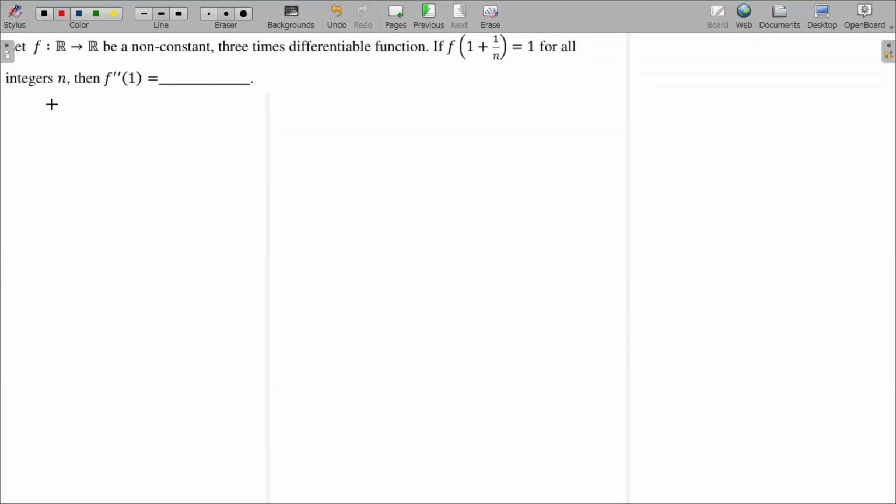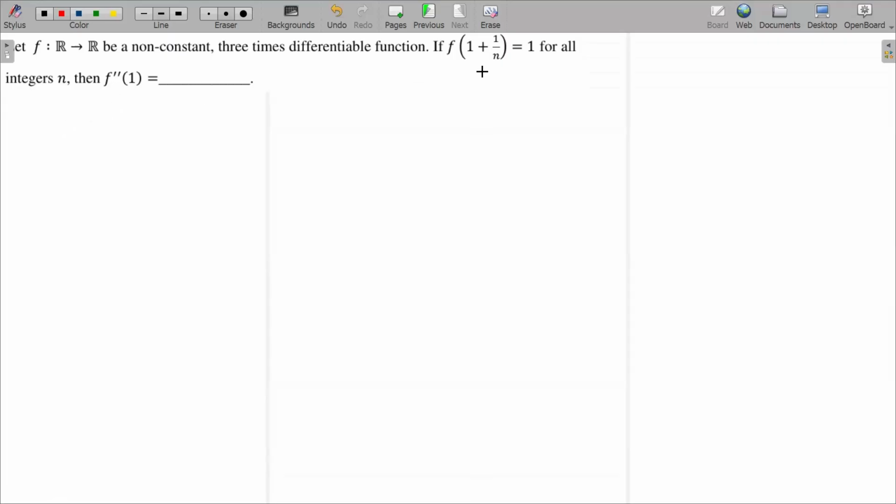Sir, if we take the interval 1 and 1 plus 1 by n and use LMVT, then simply we can differentiate on both sides and perhaps we will get some ideas.